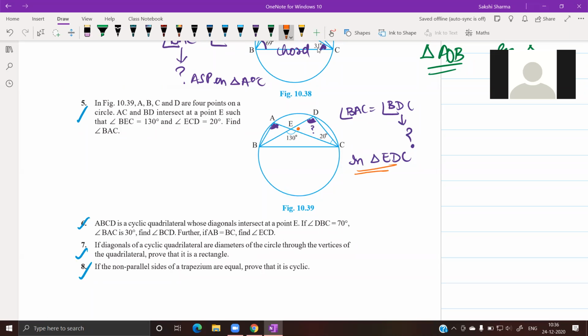Both ways are correct. There will be just one step extra if you go with the linear pair property and then find this angle D. Or you can directly apply the exterior angle property, and angle BDC will be equal to angle BAC. Right? Let's write down the answer.